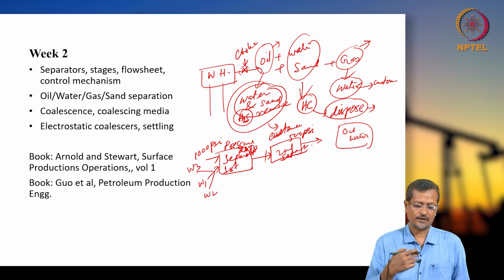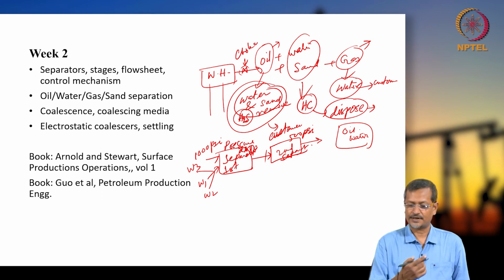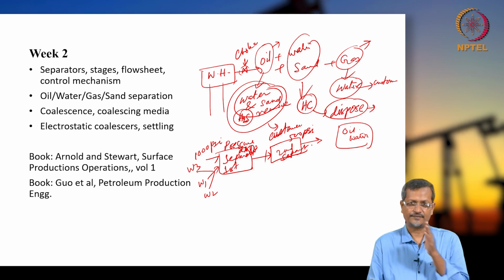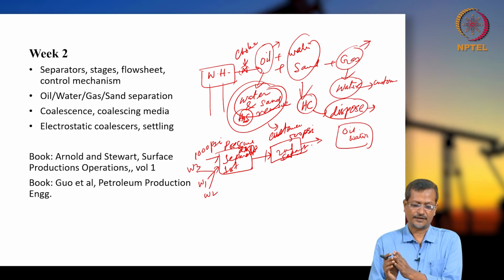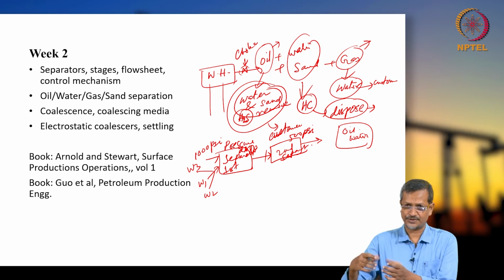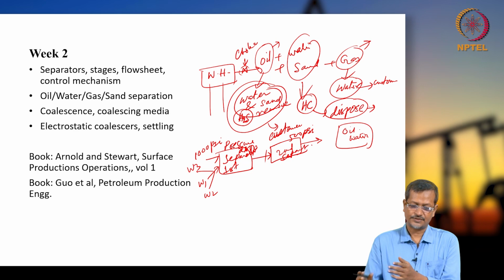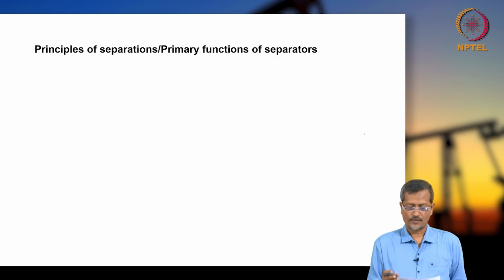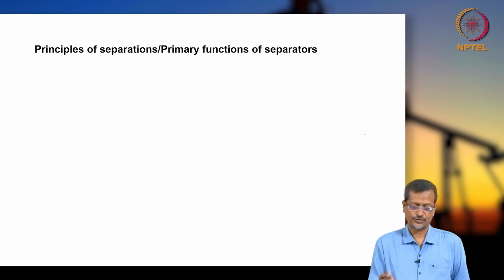So, if you do not control the pressure, then it can create an accident, or if there is any blockage, and you do not know how much pressure is there, how much flow rate is there, how much temperature is there, in that case your system may fail. Okay. Whenever you are separating, you have to control the process.